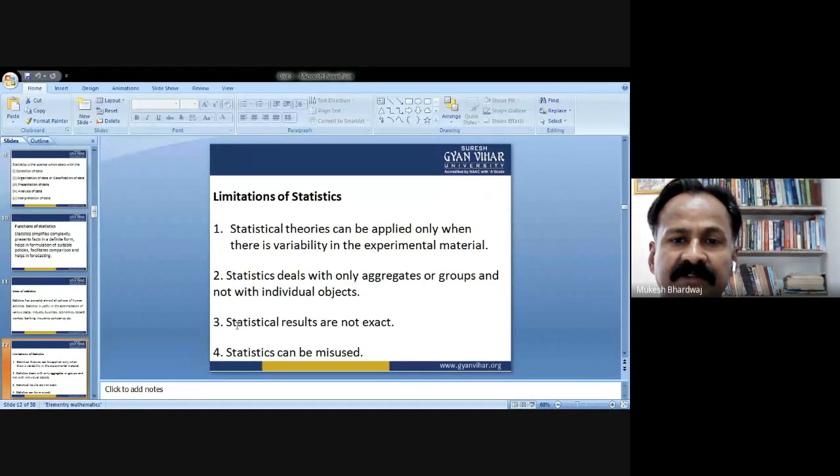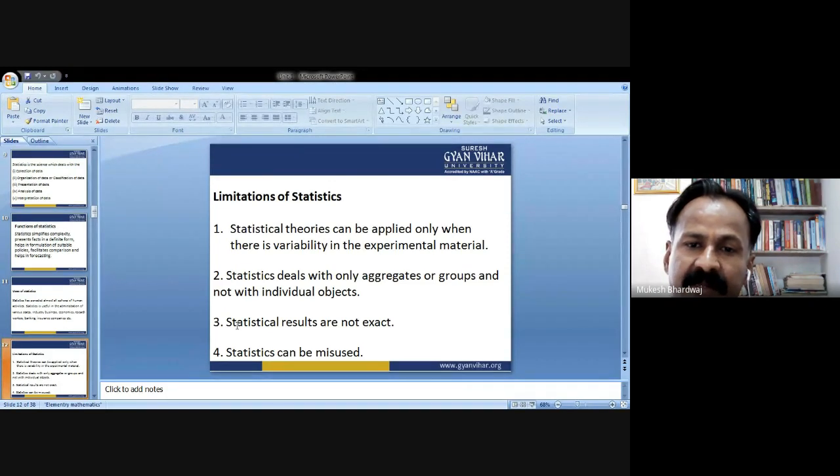Now, limitations of stats. These are some limitations of stats. Statistical theory can be applied only when there is variability in the experimental material.